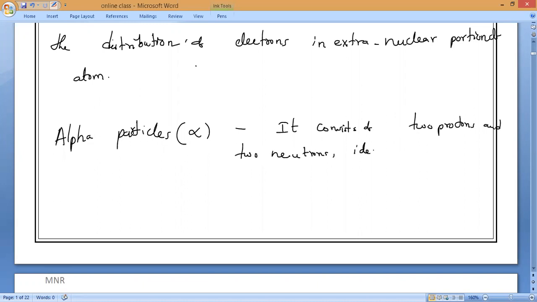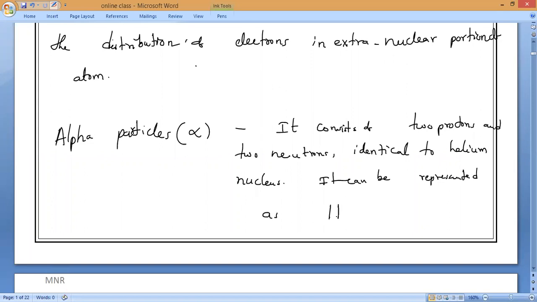Identical to helium nucleus. It can be represented like this, guys, He2+, where atomic number is 2 and mass number is 4.